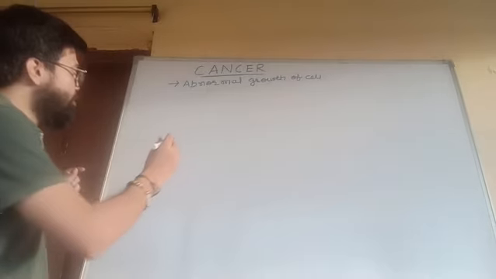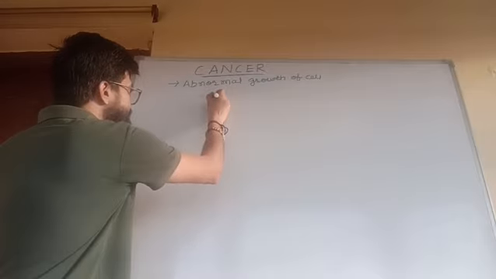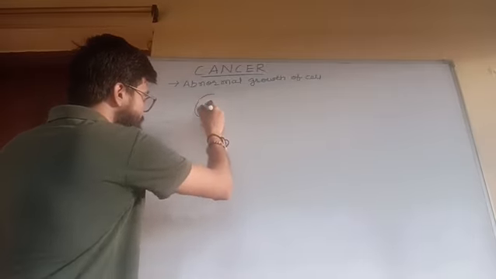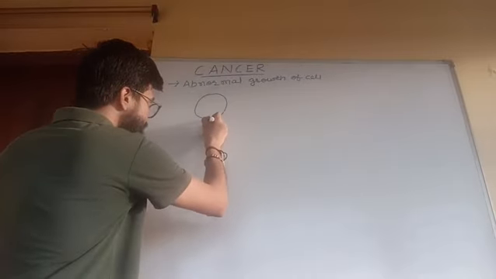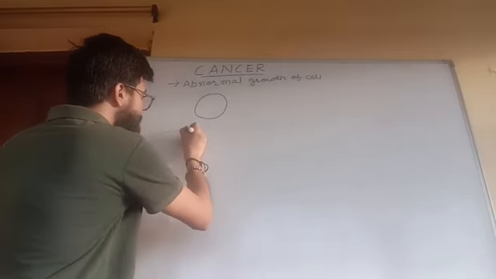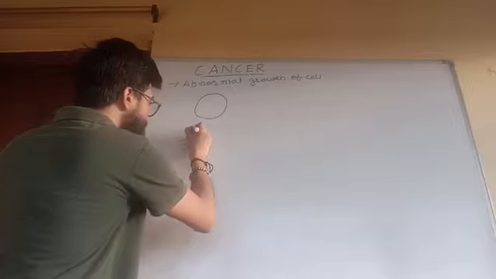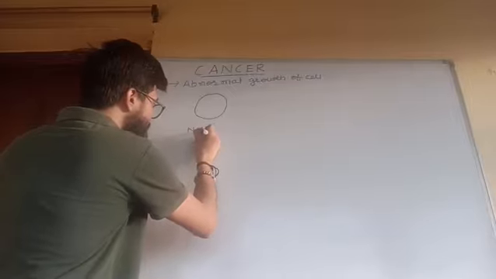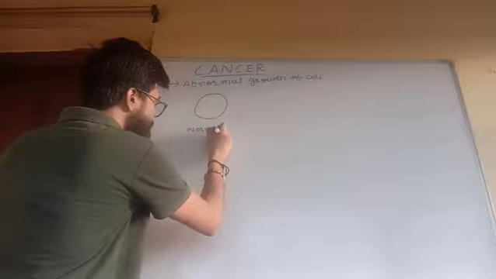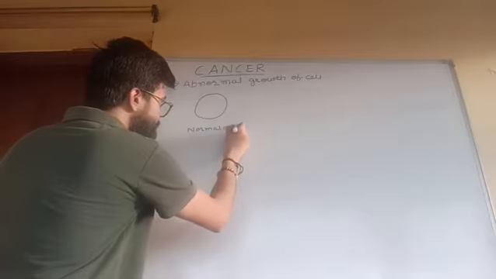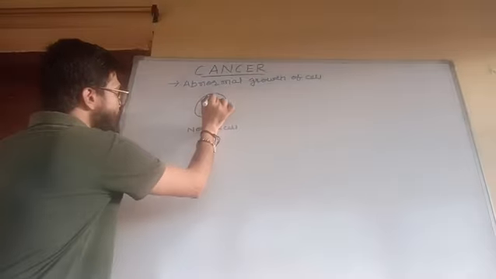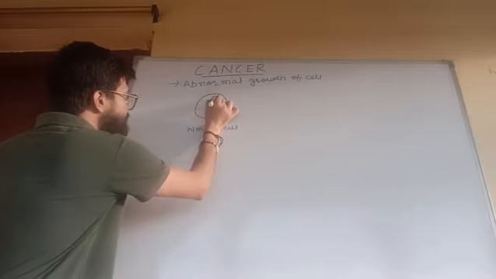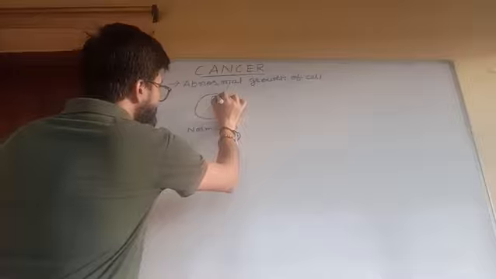For that, my dear students, you have to understand that suppose this is your normal cell. Clear? This normal cell has one gene, and that gene is known as the proto-oncogene. This is the gene.